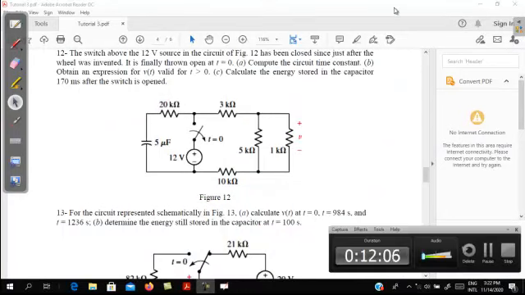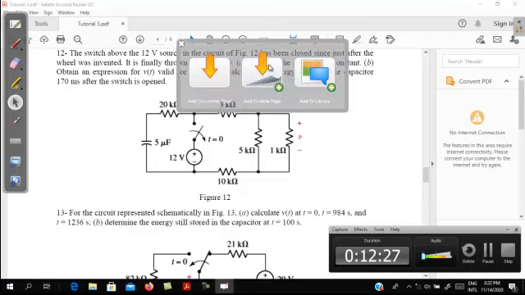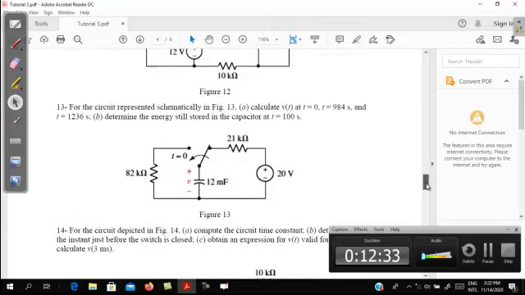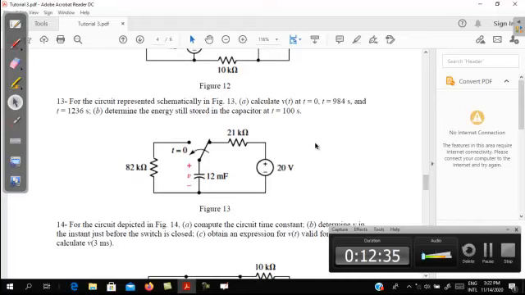So we go to problem number 13. For number 13, we have a circuit, and we need to find the voltage at t equals 0, t equals 984 seconds, and at 1236 seconds.